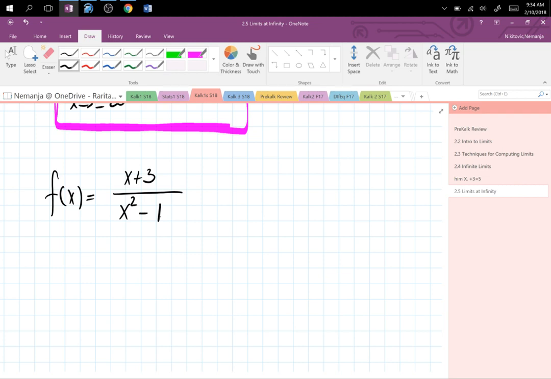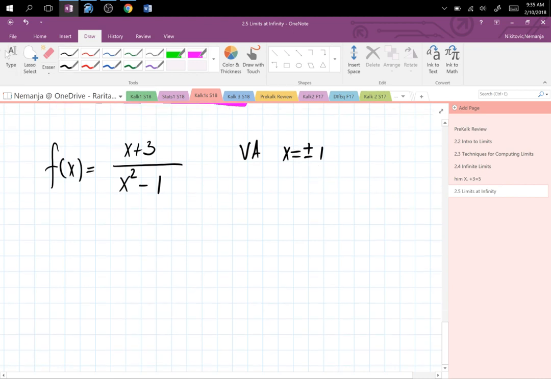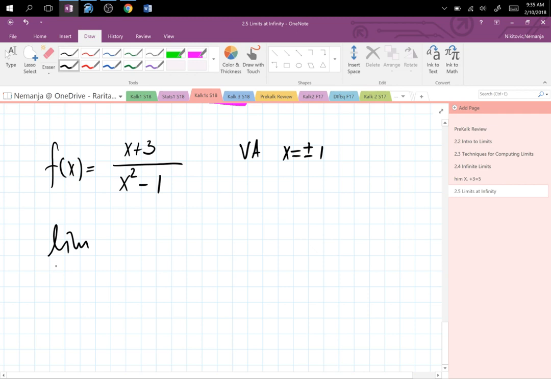Now what's happening with horizontal asymptotes? Well, for horizontal asymptotes, I have to run my calculation, so I'm just going to say limit as x goes to infinity of x plus 3 divided by x squared minus 1. And if you have rational functions, like you have over here, there is just one simple trick to solve it.